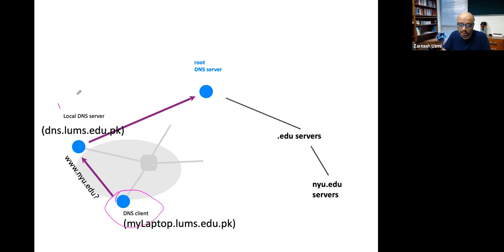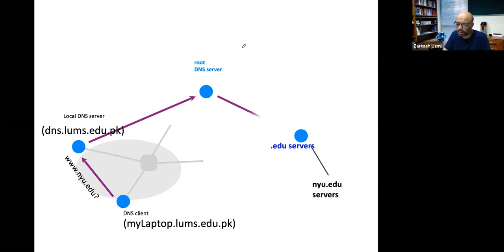So this local DNS server will ask the root DNS server. Root DNS server will say, okay, oh, I am the big guy. I don't know these kind of small translations. However, I can help you. I can tell you that there is an IP address corresponding to these .edu TLD servers. You can ask them. Okay, and the query will be forwarded to .edu servers.